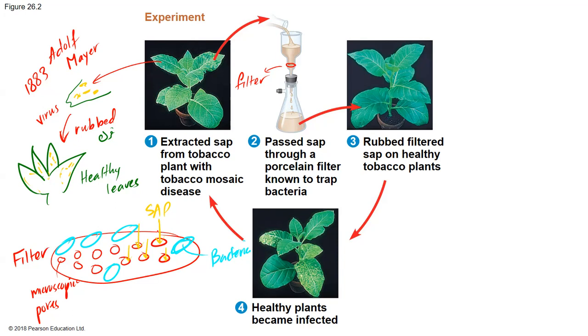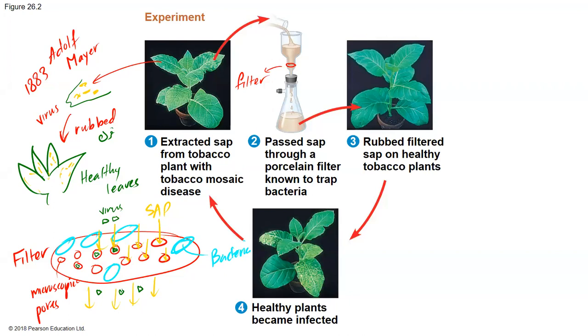But if there are viruses, viruses are very small. This is a virus, and the virus can go through these microscopic pores. So the viruses, like the liquid, can go through these tiny pores.